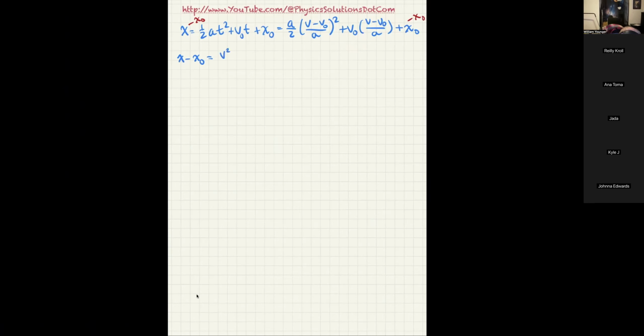and I'm going to get v squared minus 2v v0 plus v0 squared, and that's all over 2a. Now I have plus, and remember I'm multiplying by 2 over 2, so I'm now going to have 2v v0 minus 2v0 squared, all of that divided by 2a.